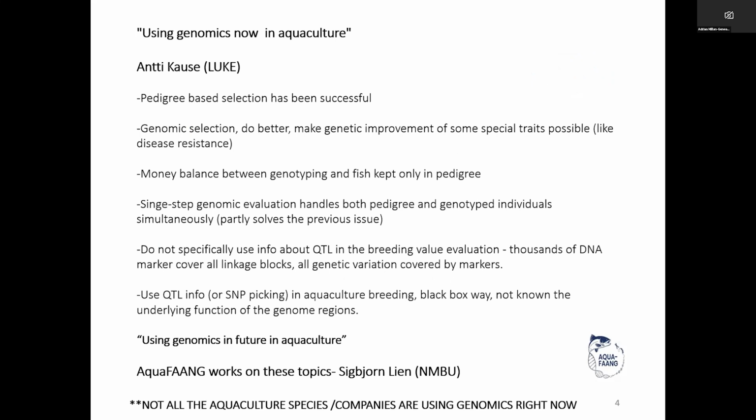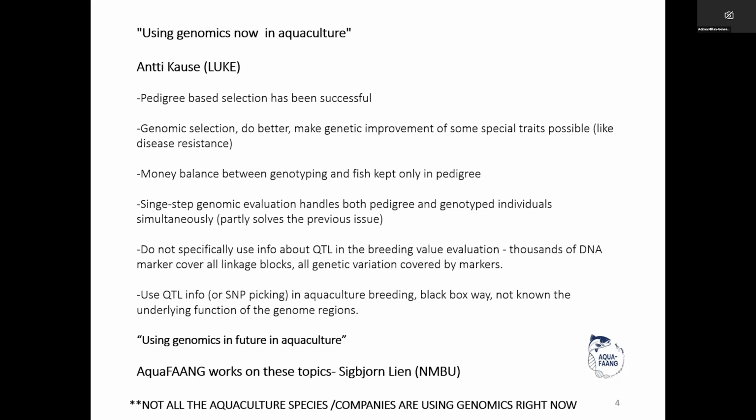Using genomics now, more or less, in aquaculture is a little summary of Antti's talk. These are the different steps in the history of genetics and genomics in aquaculture: first pedigree-based selection, then genomic selection, the moment of genotyping and fish pedigree. The single-step genomic evaluation is more interesting now.